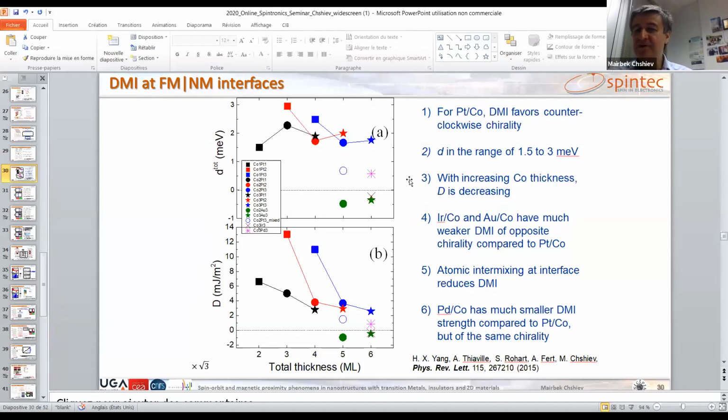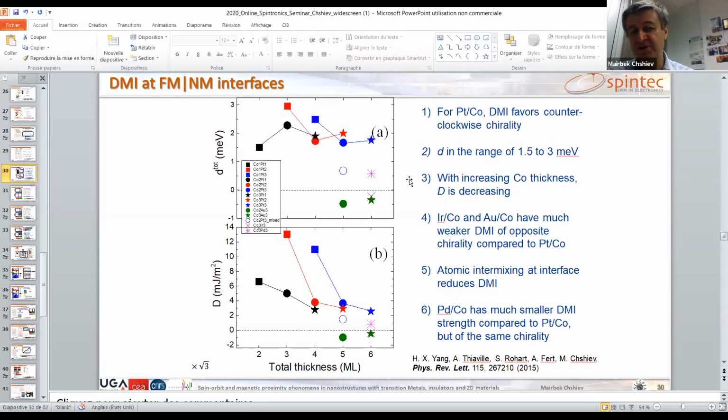Why is this happening? Both platinum and gold are strong spin-orbit elements. What is important is the matching between the two. One of the explanations we gave was that if you look at the gold or platinum 5D states, which are important here, their position with respect to the Fermi level defines whether it will create a large DMI or not.